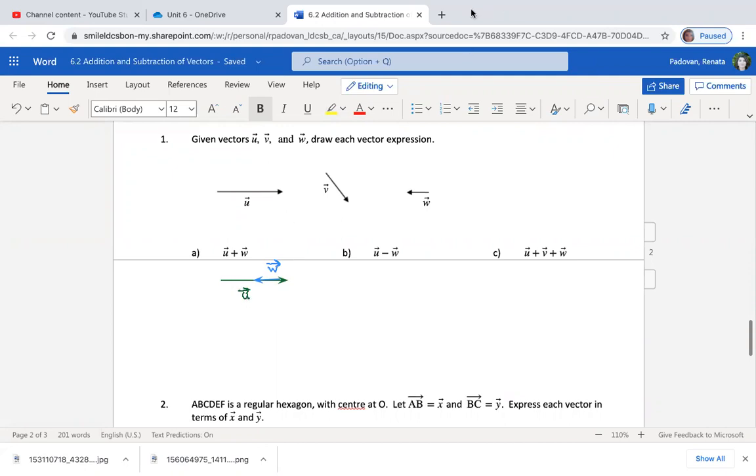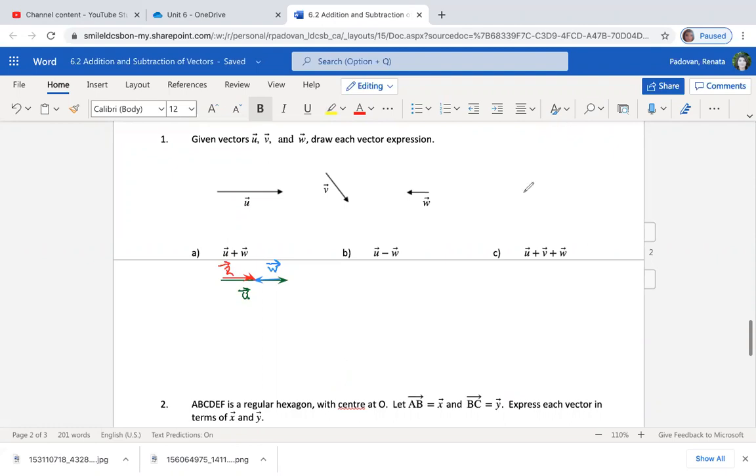So from here, again, I'll use an arrow here, to the head, to the end point of my second vector. So from here to here, right? That would be my resultant. So this is my resultant, this section here, okay?